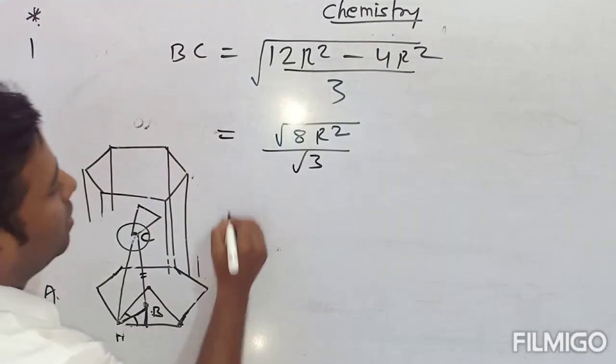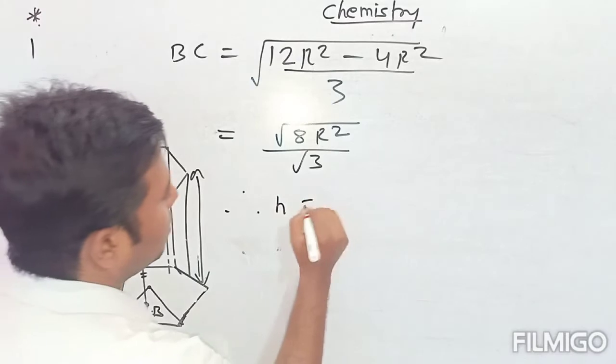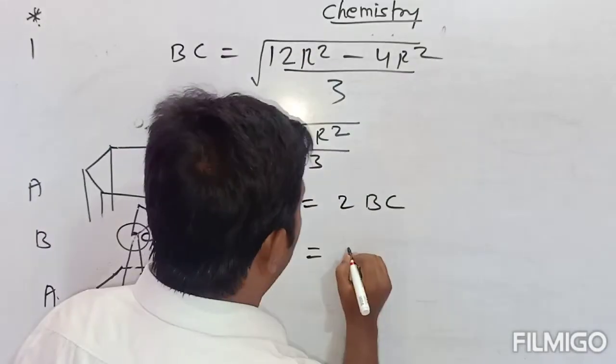Clear? Hence the total height h is equal to 2BC.